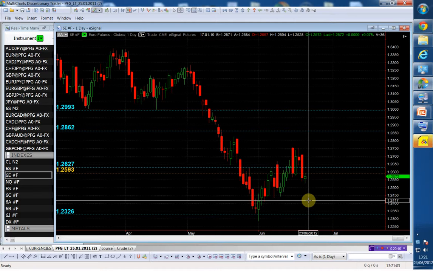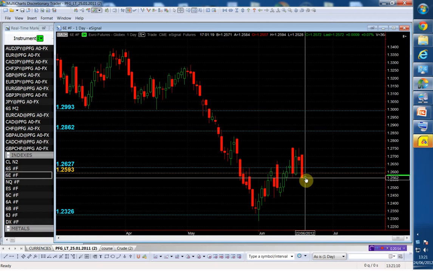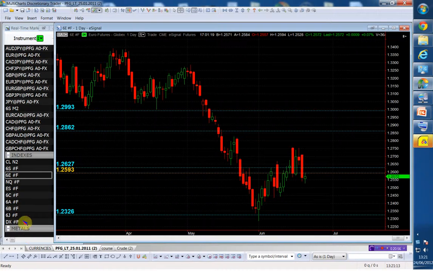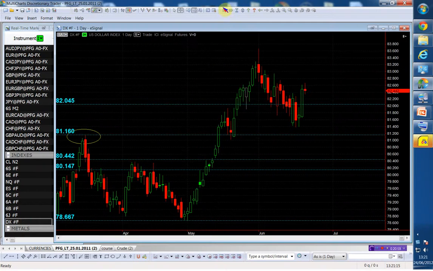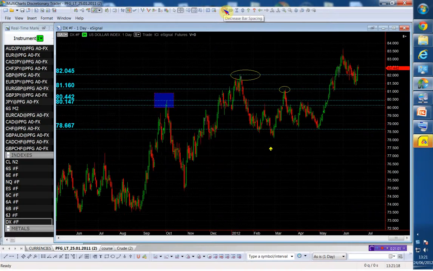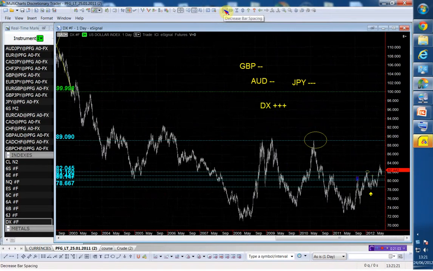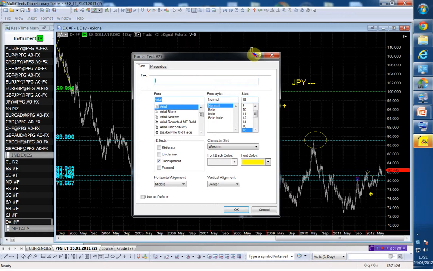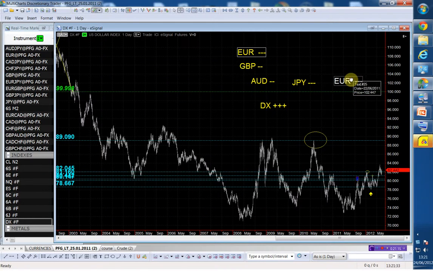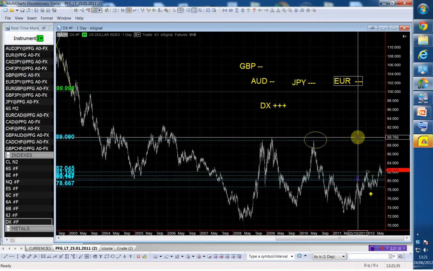So what they do, people just like to be on the safe side, and the buying that came in isn't really any significant buying. So the euro is also going to be on a sell, and we're going to give it 3 because it's below the 2 structure points, and this is how we grade them.